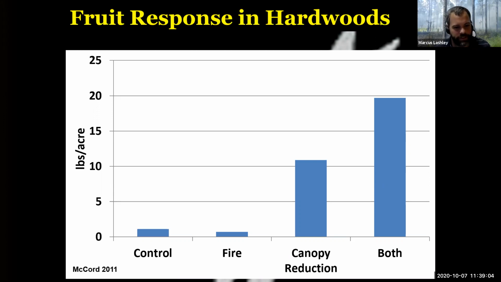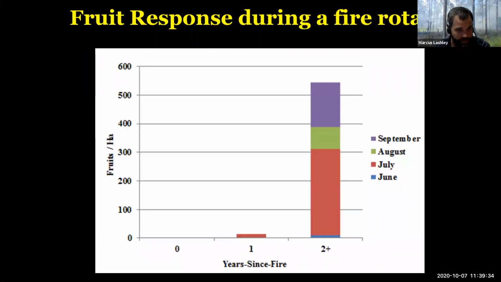Light is limiting first in this system. As soon as you reduce the canopy and allow light in, you improve most habitat components, including fruit production. If you couple canopy reduction with fire, then that augments that process. So you get even more out of it, right? So fire alone doesn't work in these systems because there's not enough sunlight for the plant community to respond to the fire.